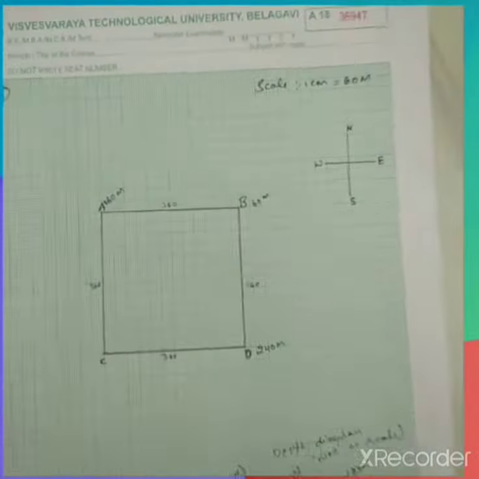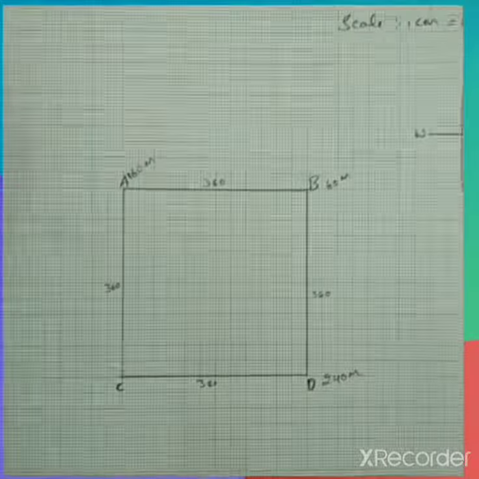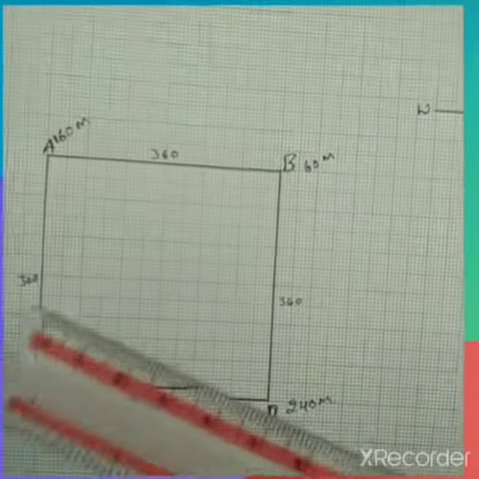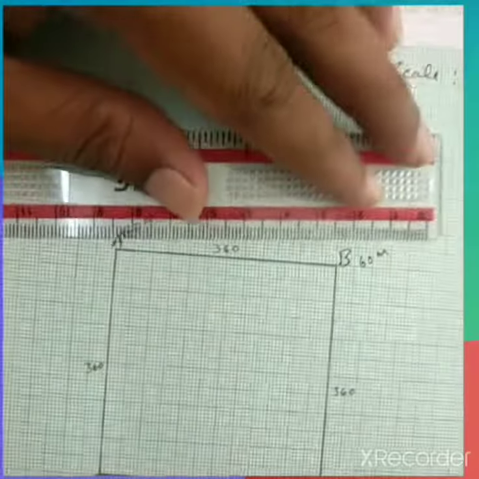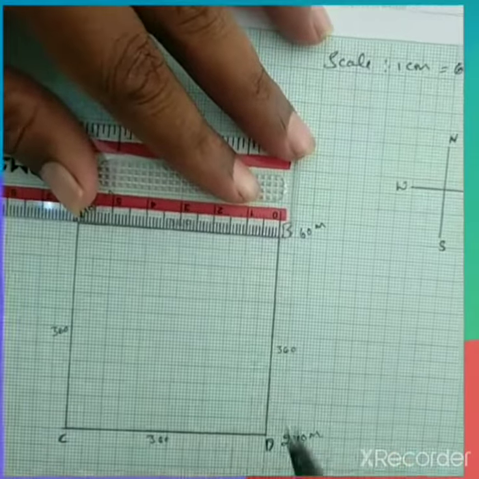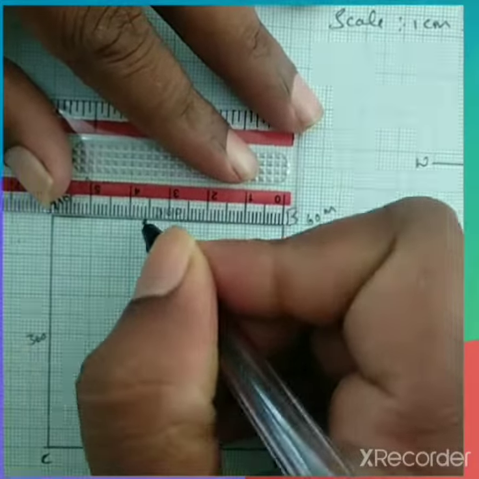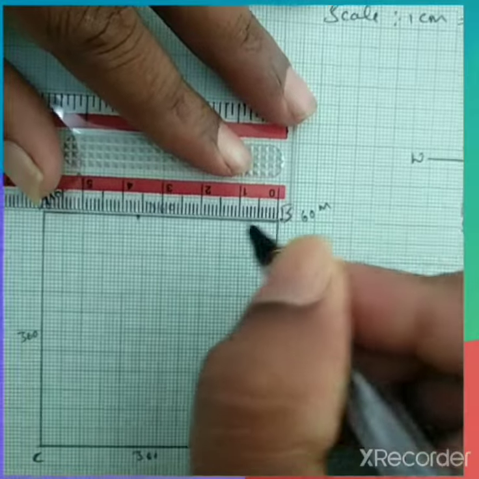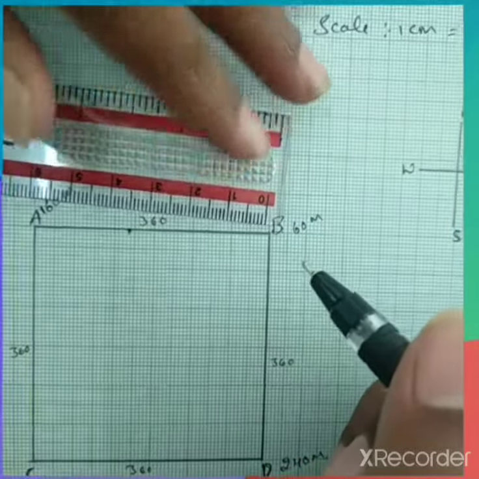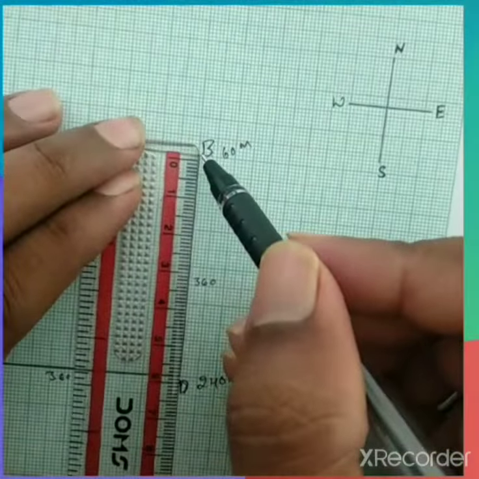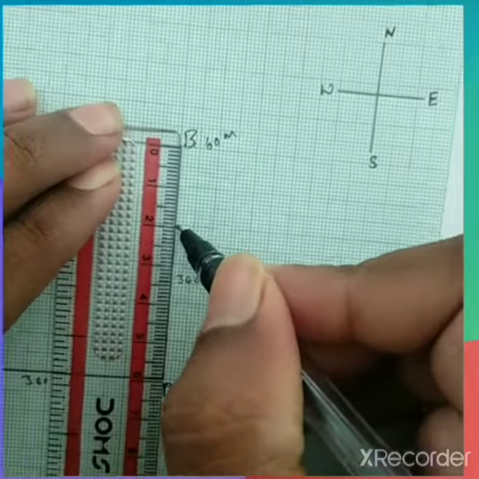Here we need to mark the gradient of BA, 1 is to 3.6. Mark 3.6 from B towards A, as well as the gradient of BD, 1 is to 2.